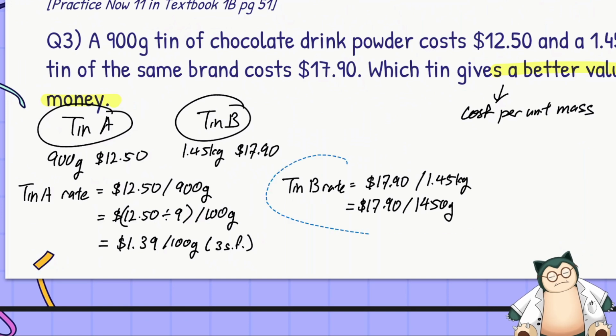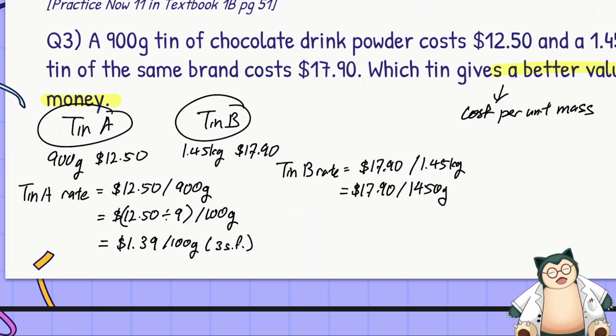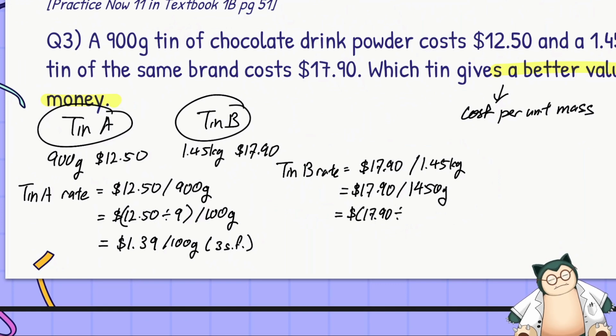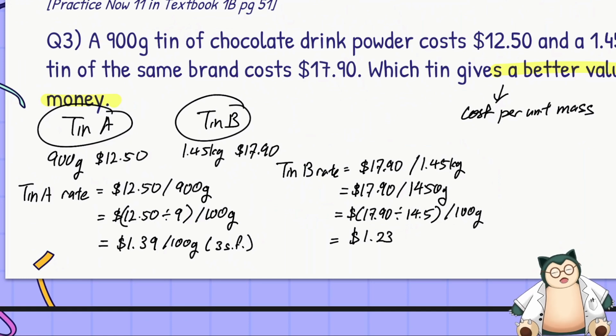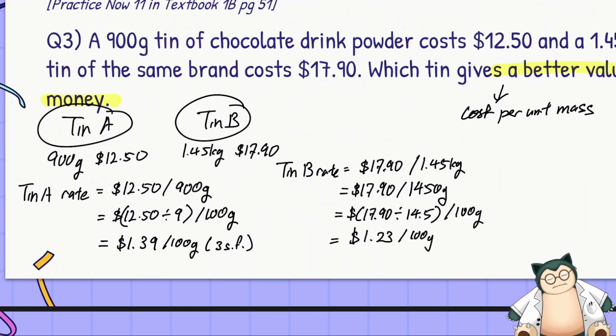Because we want to compare it to the same 100 grams, we divide by 14.5 to get 100 grams. So 17.9 divided by 14.5 gives a cost of $1.23 per 100 grams to 3SF.